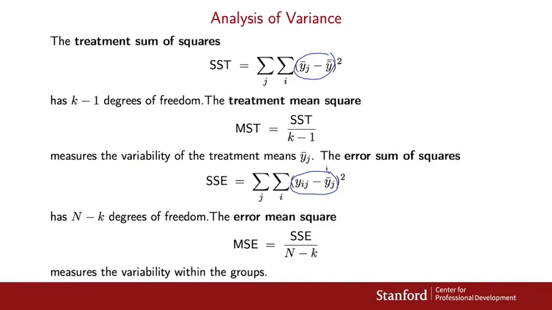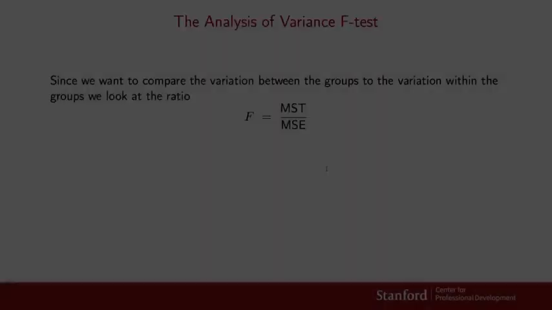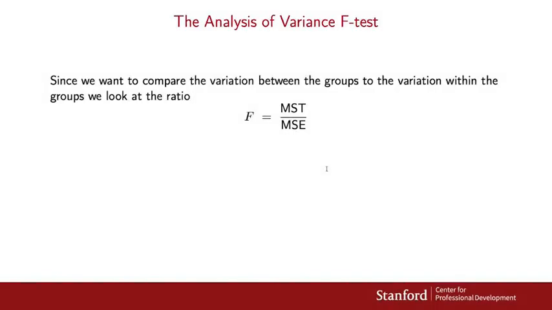So these two terms, the treatment mean square and the error mean square, make formal the idea we had on the previous slide, where we look at the variability between the treatment means and the variability within the groups.